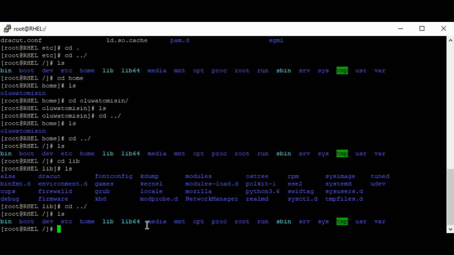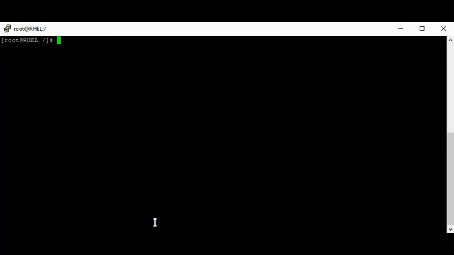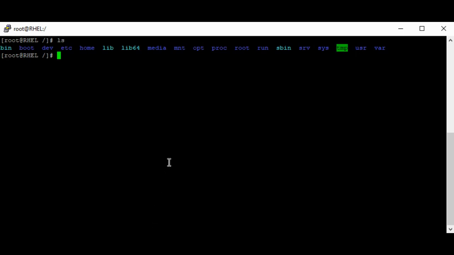The next directory is the media directory. The media directory creates a subdirectory or a mount point for removable media when it is inserted into the system. It automatically mounts the media depending on the variant, because not all variants will do this. So if you insert a CD or a USB into the system, the slash media directory would automatically mount the media.